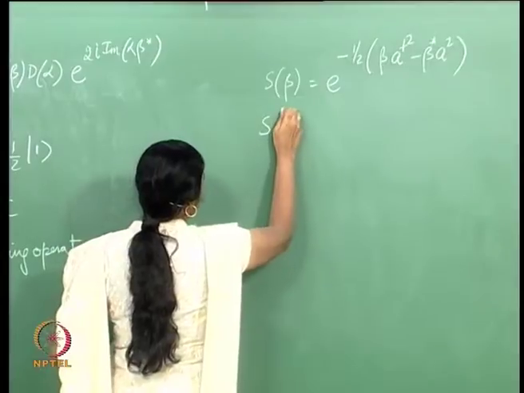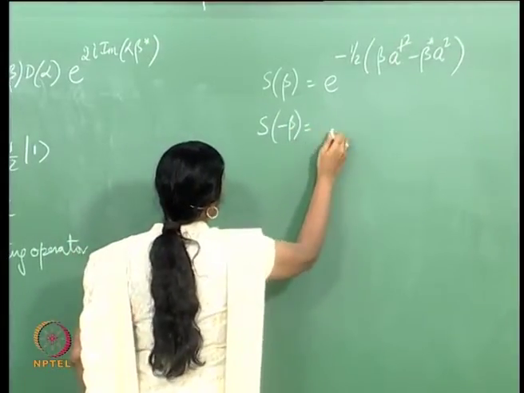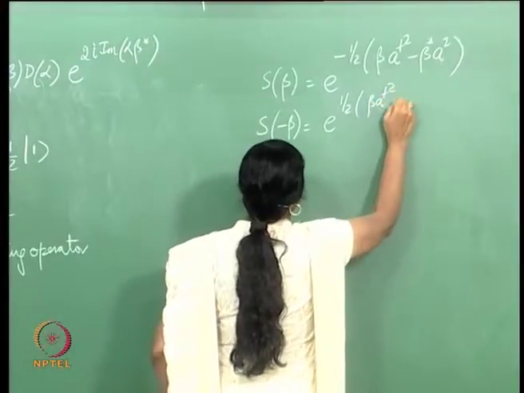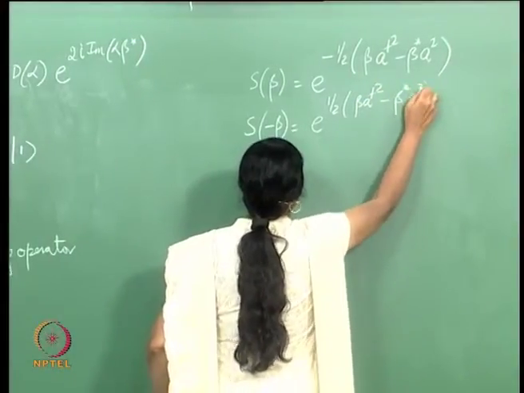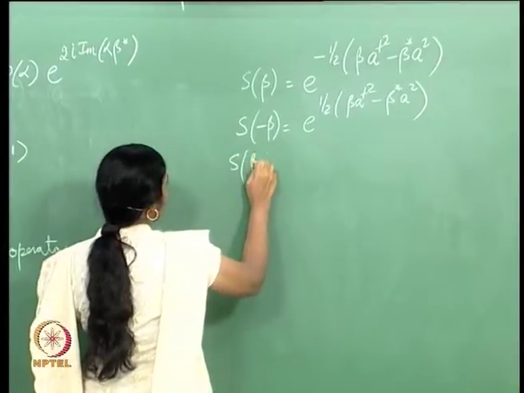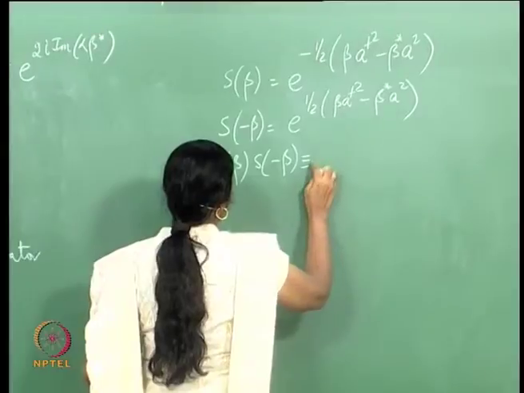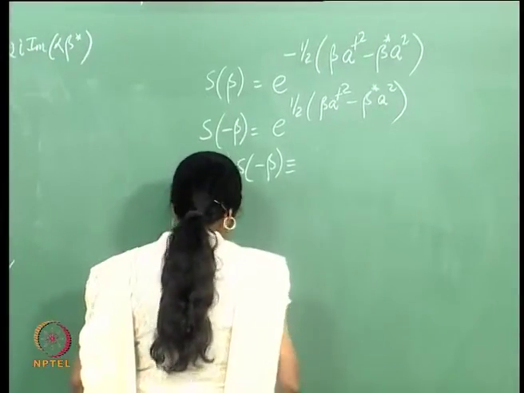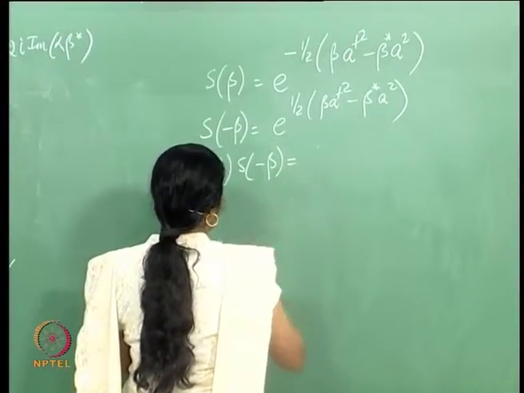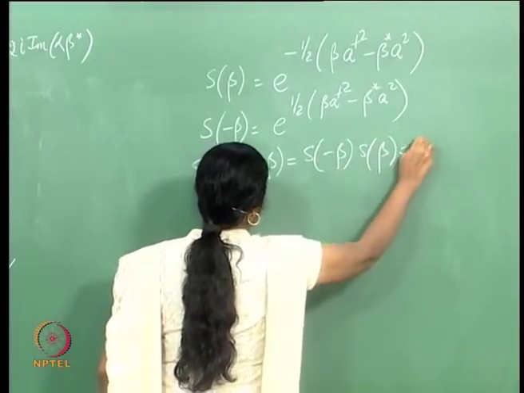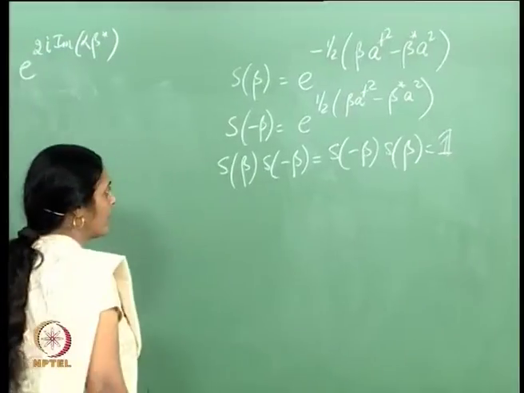Now, S of minus beta is e to the half, beta a dagger squared minus beta star a squared. It is clear that S of beta, S of minus beta is equal to 1, and that is the same as S of minus beta, S of beta. By 1 I mean the identity operator.